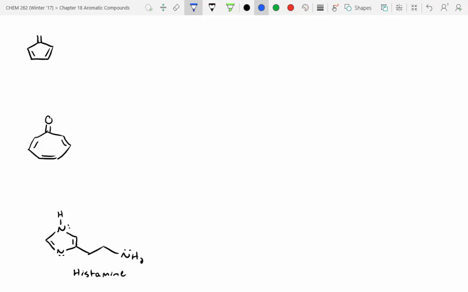Exactly. So Grace is saying that this pi bond is what's referred to as exocyclic. Exocyclic pi bonds don't count. So this molecule can't be considered aromatic because if we look at the ring system, there isn't the correct number of electrons in there. So this is not aromatic.